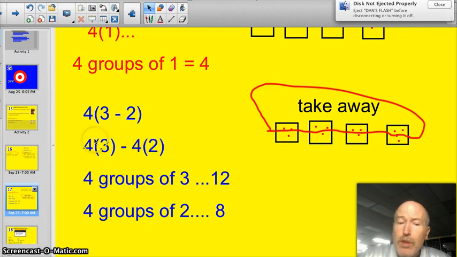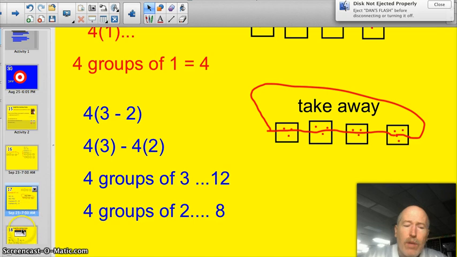So I distributed the 4 out to each of those other numbers. 4 groups of 3 are 12, and you can see I have the 3 dots in there, giving me 12 dots. And then 4 groups of 2 is 8, and I took away those 4 groups of 2, leaving me with 1, 2, 3, 4. It's the same thing! Okay?